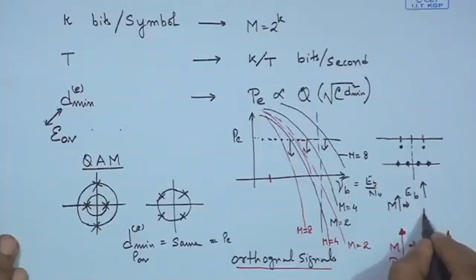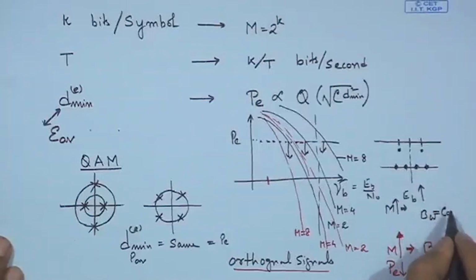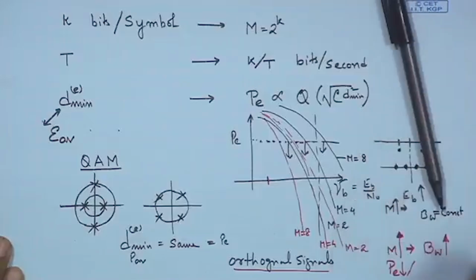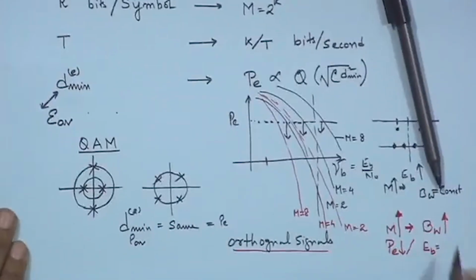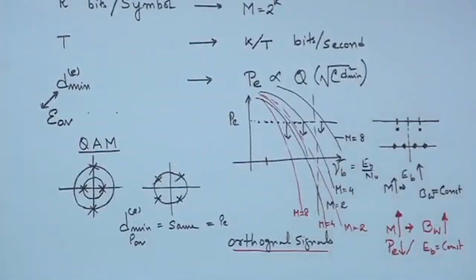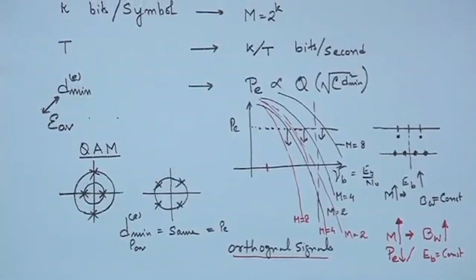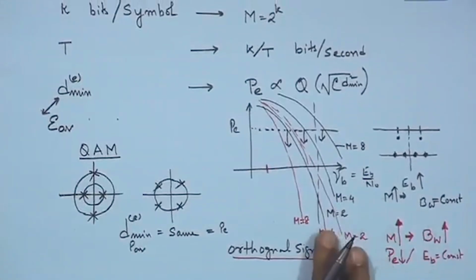So, here bandwidth is constant and in this case you can say E b is constant. So, we have two different possibilities, and of course, there are different variations on the error probability.